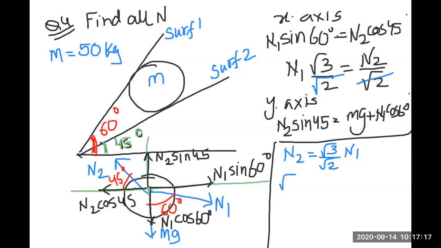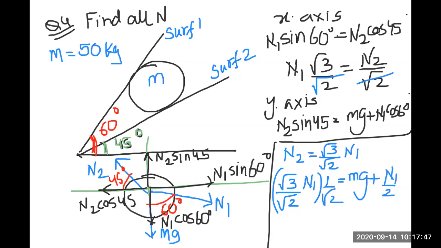So I get root 3 by root 2 N1 into 1 by root 2 is equal to mg plus n1 by 2.